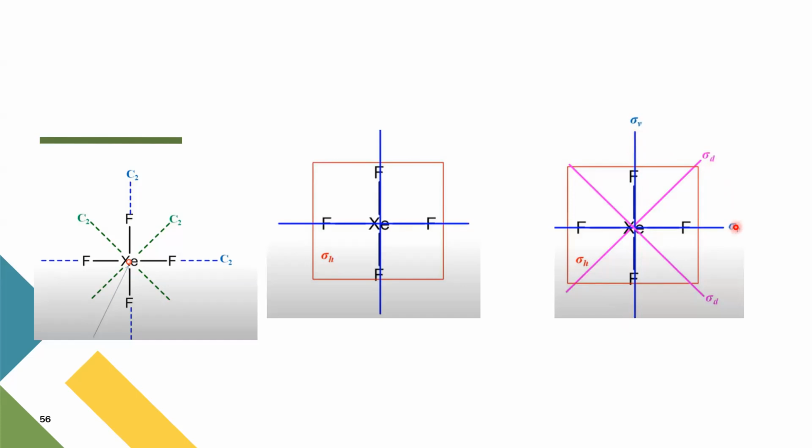One which bisects 2 vertical mirrors is called the dihedral mirror plane, the dihedral symmetry plane. Okay, so it is also a vertical mirror, as I said in the beginning. So it bisects 2 sigma V's, right? So therefore, this is termed as sigma D. So here we have 2 sigma V's, 2 sigma D's, and sigma H in this square planar complex. Not only this, any square planar complex, you will get this set of symmetry planes.